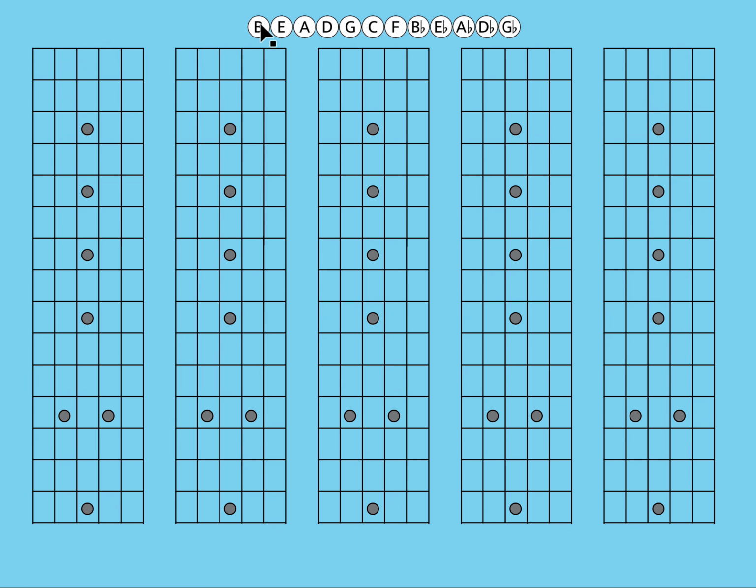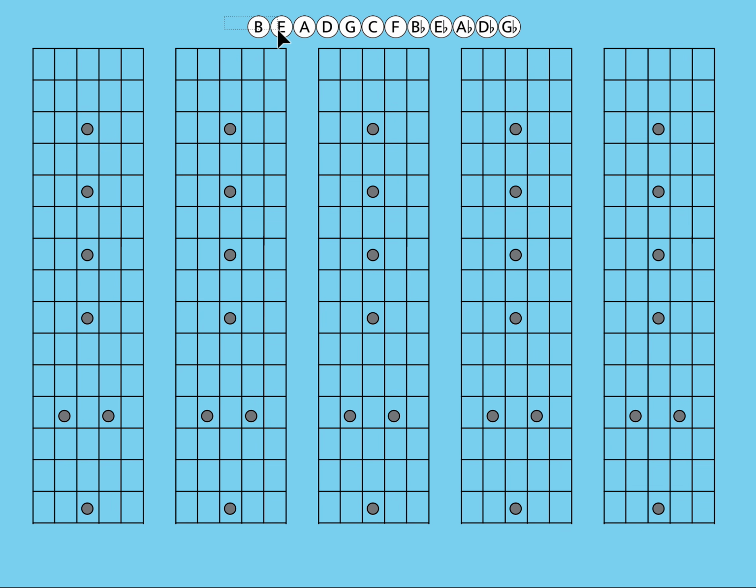Another reason why B is the starting point for this is because if we go BEADGCF, we know the C major scale has all natural notes, and with all natural notes, the circle of fourths would all be present right here. We see that within the key of C, F does not have its fourth present because B flat is not a part of C. So any set of 7 would all belong to a certain key.